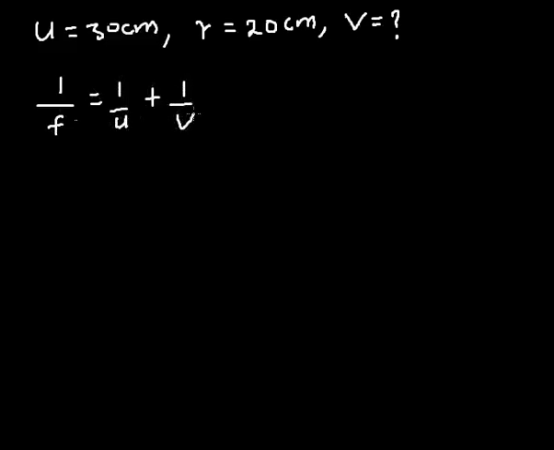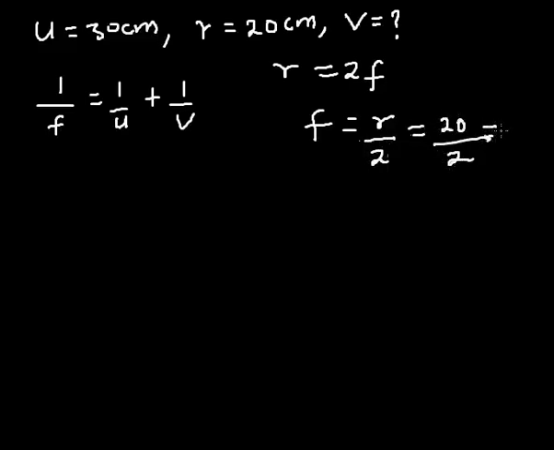I have to test if the image is virtual or real. First, I was not given the focal length, so I find it from the radius of curvature. The radius of curvature is always equal to 2 times the focal length, so the focal length is the radius of curvature divided by 2, which is 20 over 2, which is 10 cm.